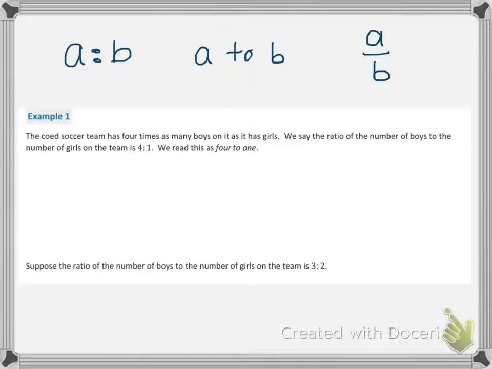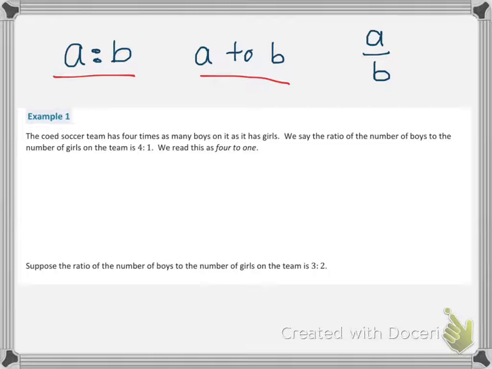And the most important thing, we can use any of those forms at any time. It doesn't matter. Typically, if we just write it, we'll use a colon. Very few times do you see the word to, but you can certainly use that.